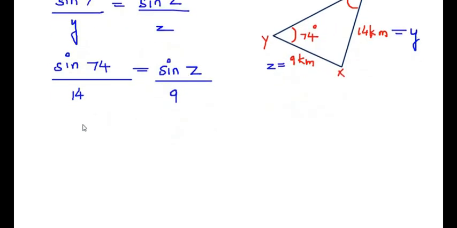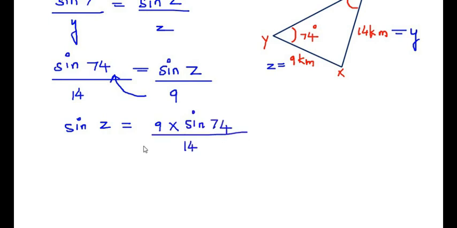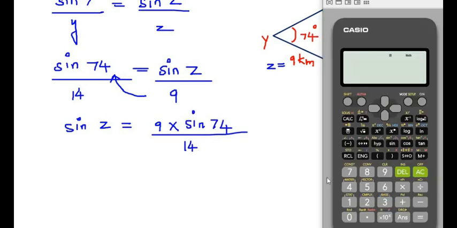So to find out sine Z, we do the cross multiplication. Sine Z is equal to 9 multiplied with sine 74. So 9 times sine 74 divided by 14. So let's check how much we get here. So it is 9 times sine 74 divided by 14.